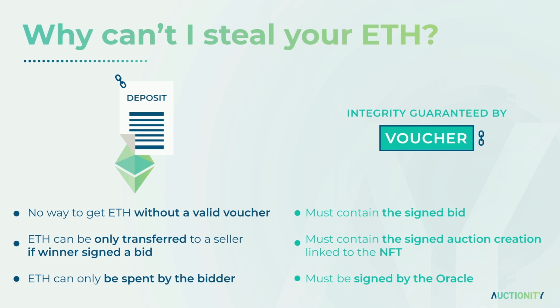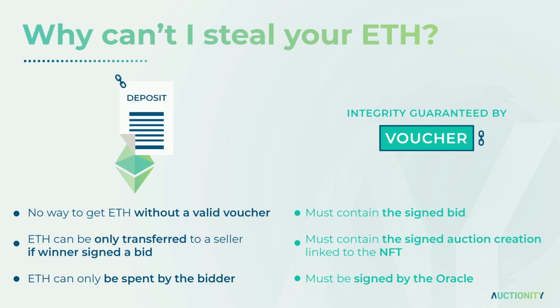And the last point is that it must be signed by the oracle, because the oracle with this signature is just the mirroring proof. The oracle is just saying, okay, this actually happened on the sidechain, and that's all the responsibility of this oracle signature. So if you miss one of these 3 signatures, your voucher is not valid. As a winner, if you never signed a bid on the given NFT, your money is safe.